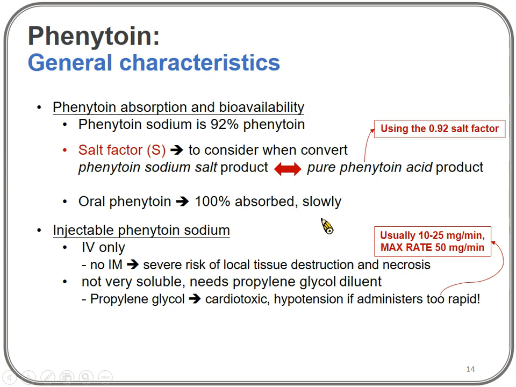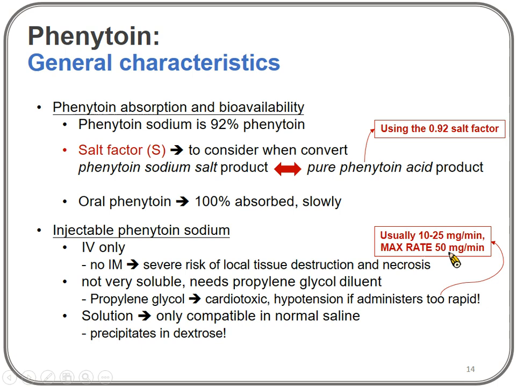So if phenytoin IV is administered at a higher speed, sometimes patients would develop hypotension from that. So we have to control the IV rate within a certain range as listed here. And the IV form of phenytoin only accepts normal saline as the solution. We do not administer or mix it in dextrose because it will cause precipitation.